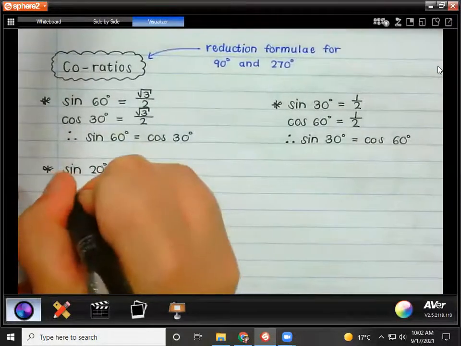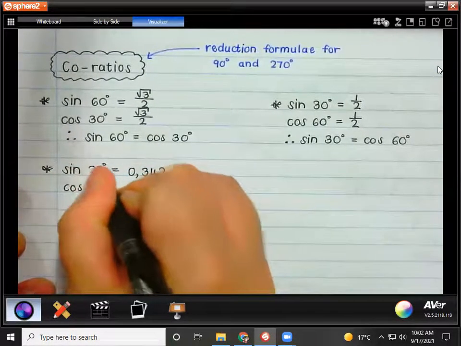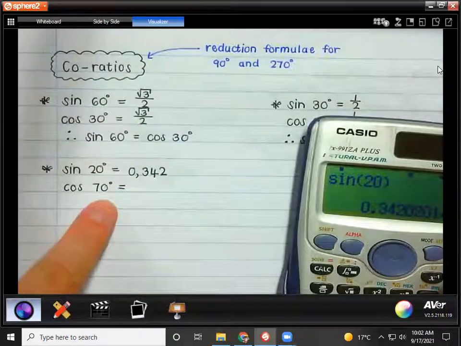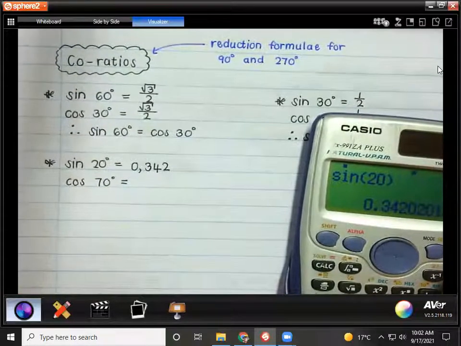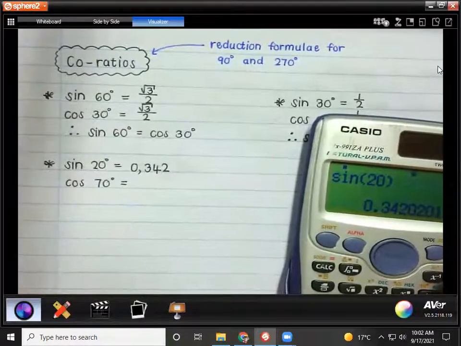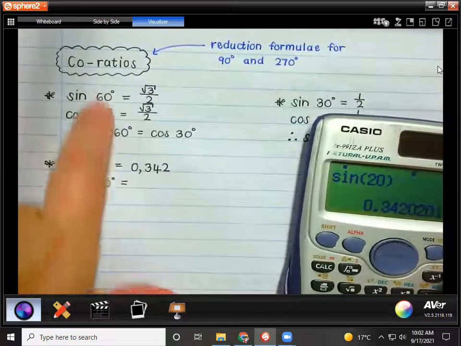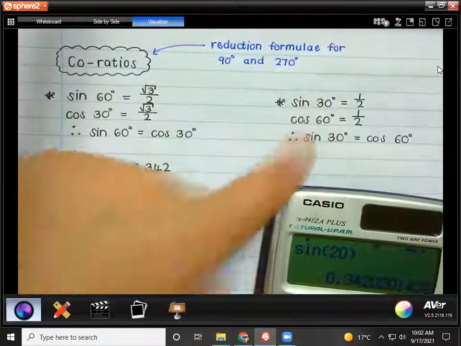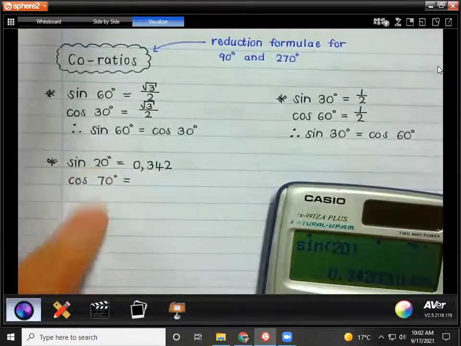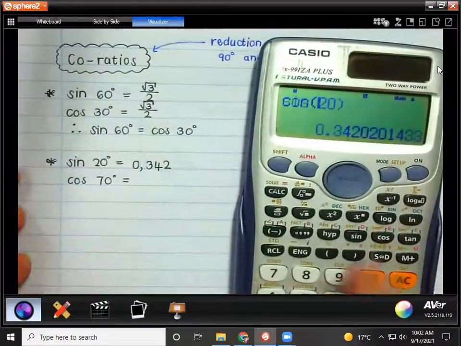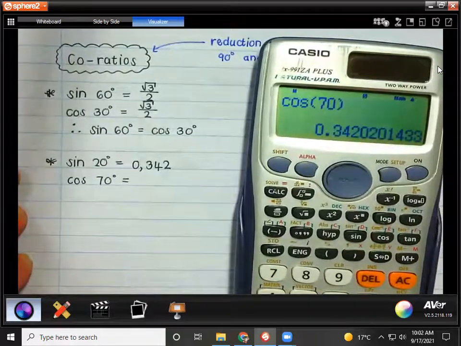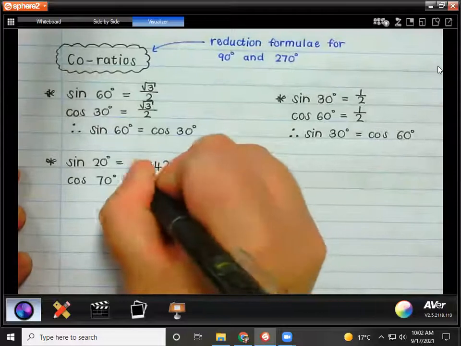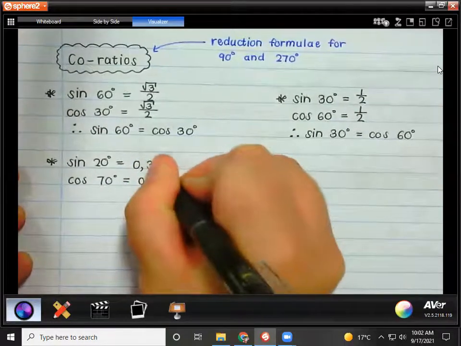And then if we check cos 70, what do we notice? How did I know to check for cos 70? Because 20 and 70 will add up to 90. Did we notice that here 60 and 30 add up to 90? 30 and 60 add up to 90, so they're equal to each other. 20 and 70 add up to 90, so cos 70, there we get the same answer, 0.342 as well.